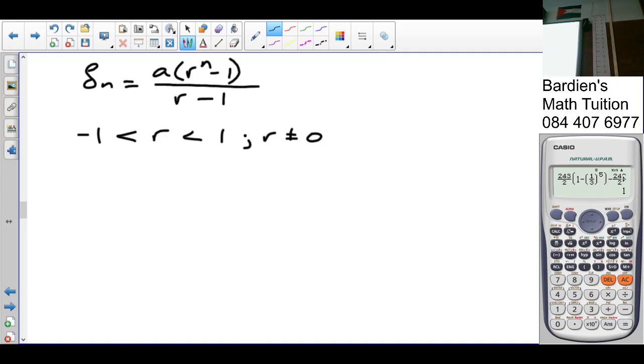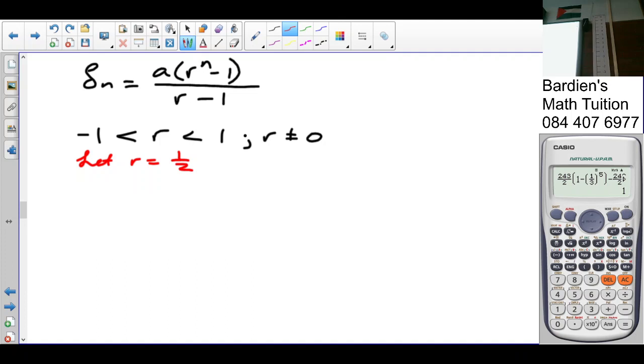So I gave you an opportunity to choose a value for r. And what value did you choose yesterday? A half. Not so? So we said, okay, let r be equal to a half, which now conforms to the condition given there. It has to be between minus 1 and 1.